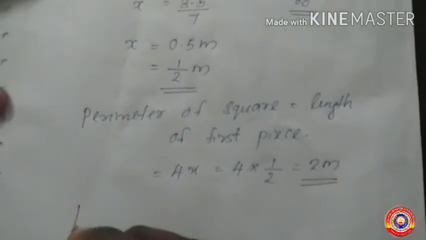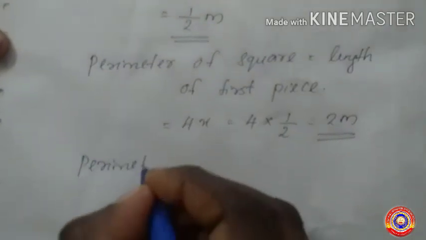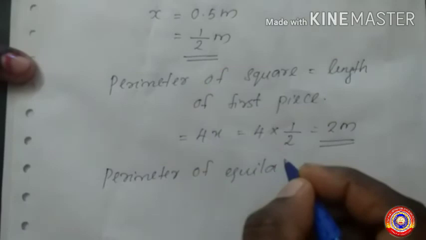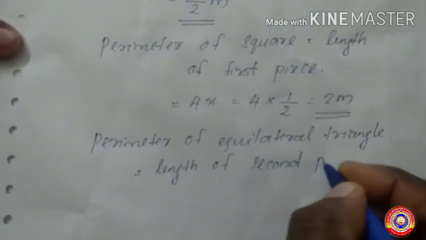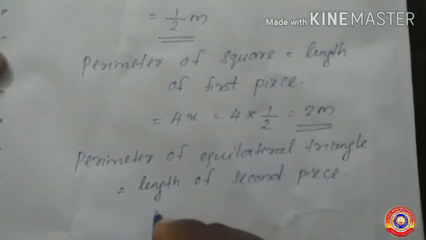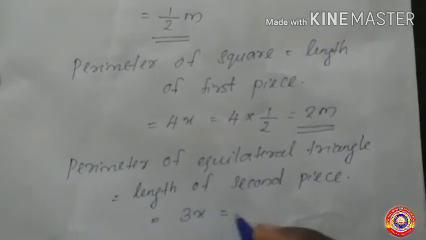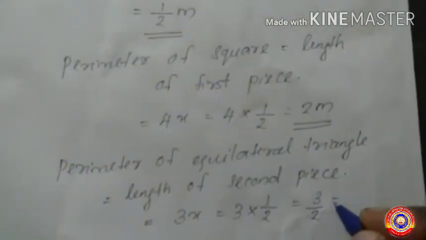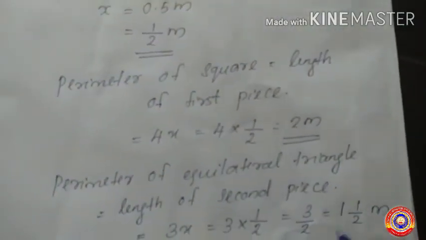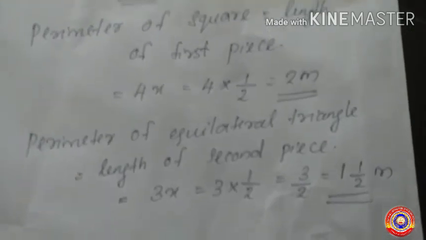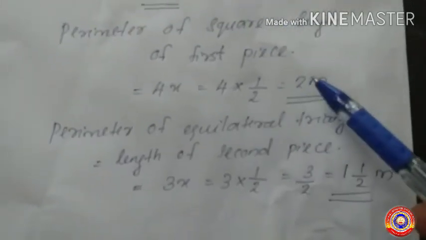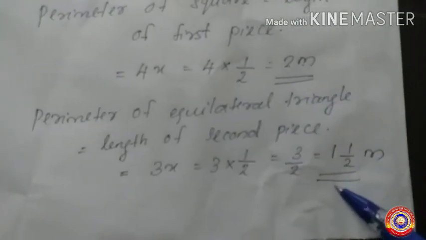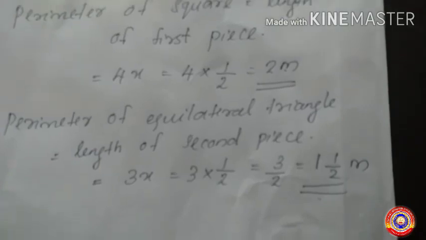Next, perimeter of the equilateral triangle is equal to the length of the second piece, equal to 3x, and it is equal to 3 into 1 by 2 equal to 3 by 2, that is 1.5 meters. So we can say that the long rod is split into 2 meters and 1.5 meters. Is it clear for you?